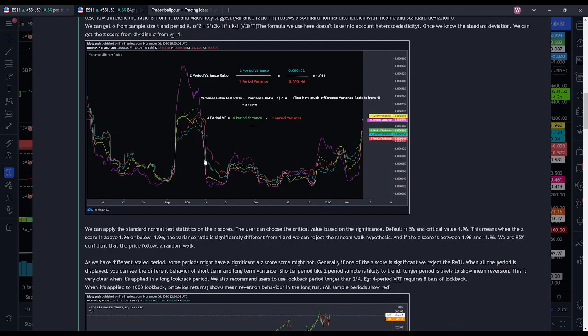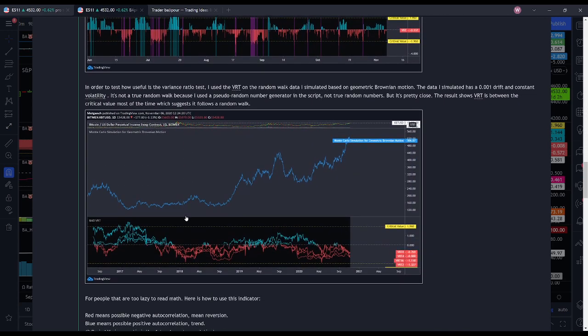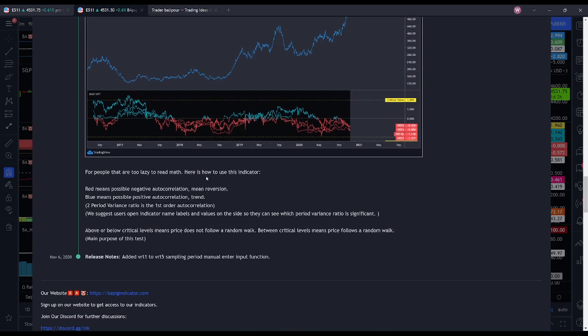Then you can go down to the part for people that are too lazy to read math: red means possible negative autocorrelation, mean reversion; blue means possible positive autocorrelation, trend; above or below critical levels means price does not follow a random walk; between critical levels means price follows a random walk. So those are your critical levels.